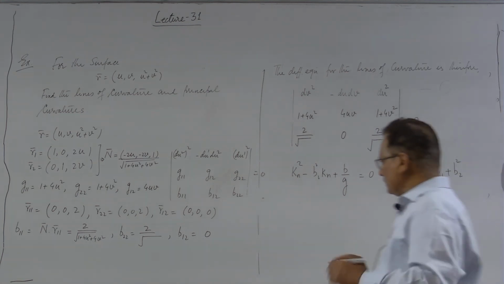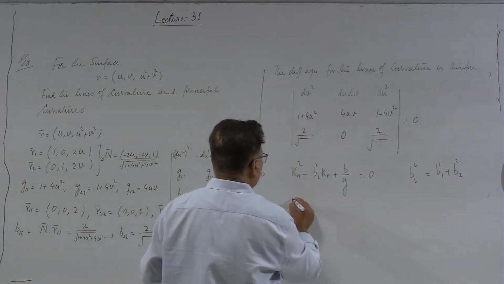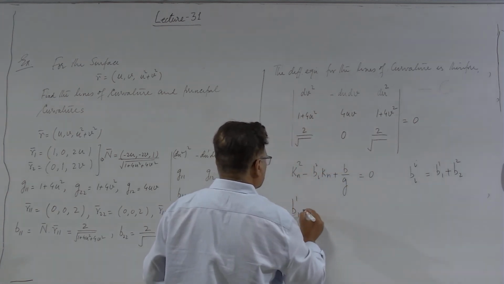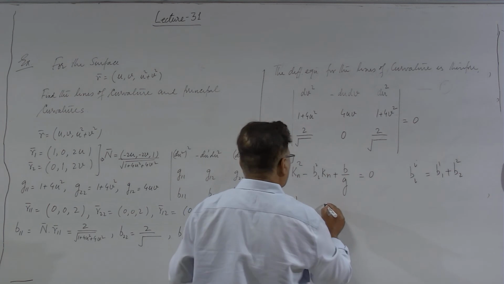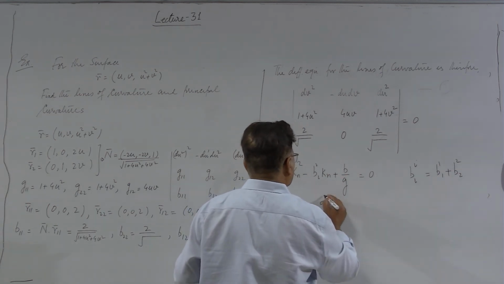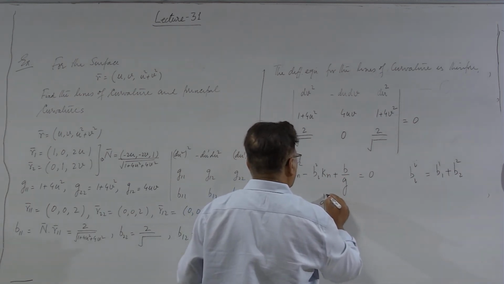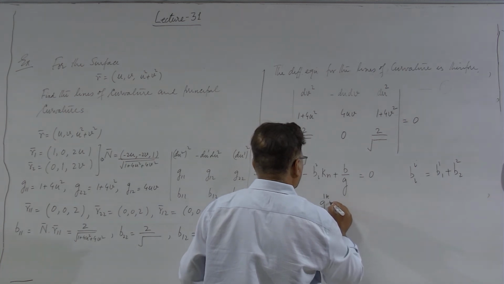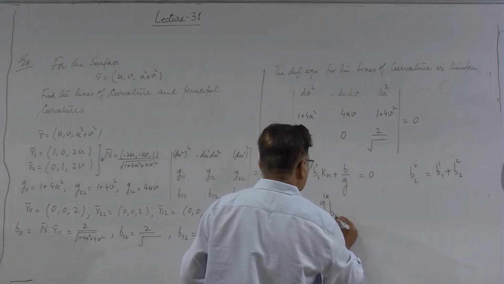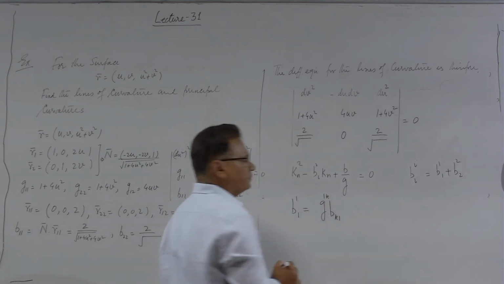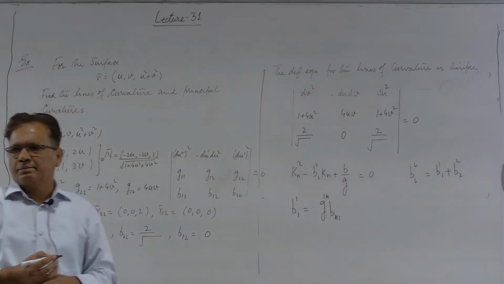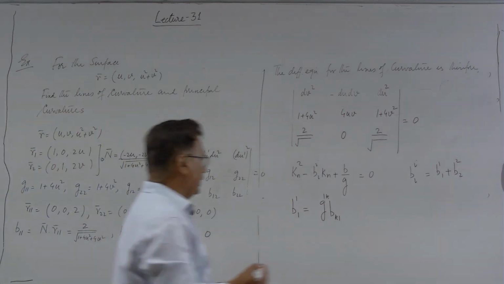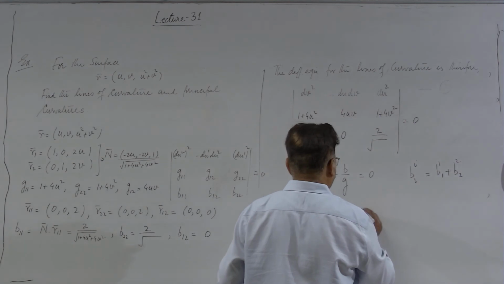For example, if you want to find out B11 first, I will work it out like this: G1k into Bk1, and k will be from 1 to 2.